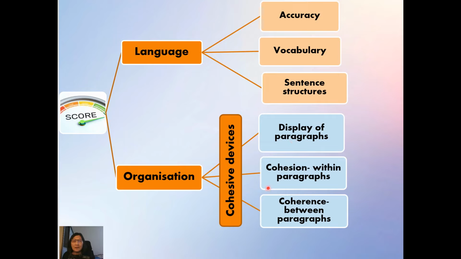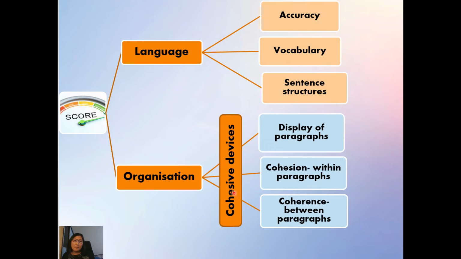In addition, we are also looking at cohesion, which refers to the linking of ideas within the paragraphs, and also coherence, where ideas are linked between paragraphs, how the paragraphs are linked together. So in order to achieve cohesion and coherence, cohesive devices must be used in your essay.